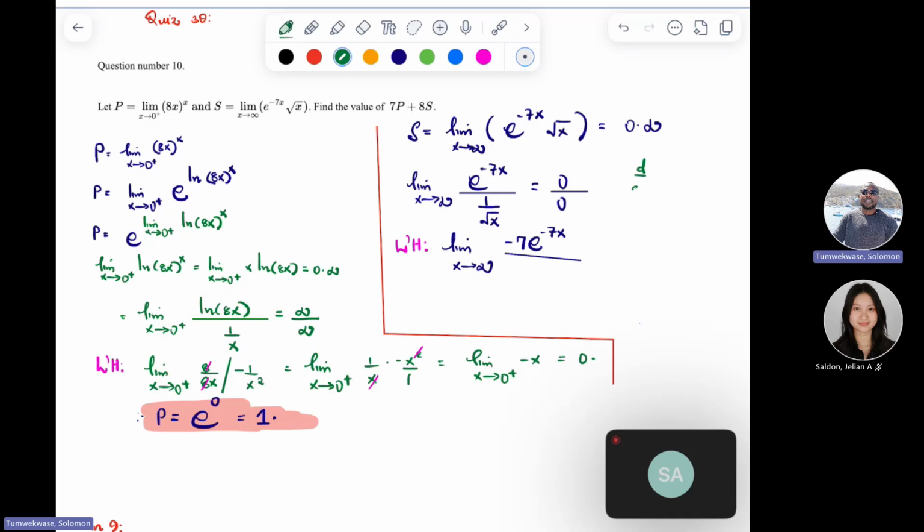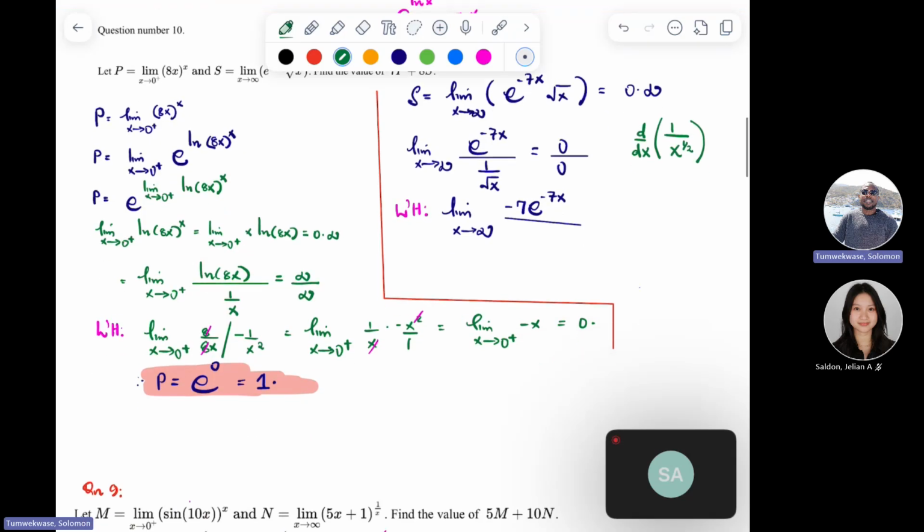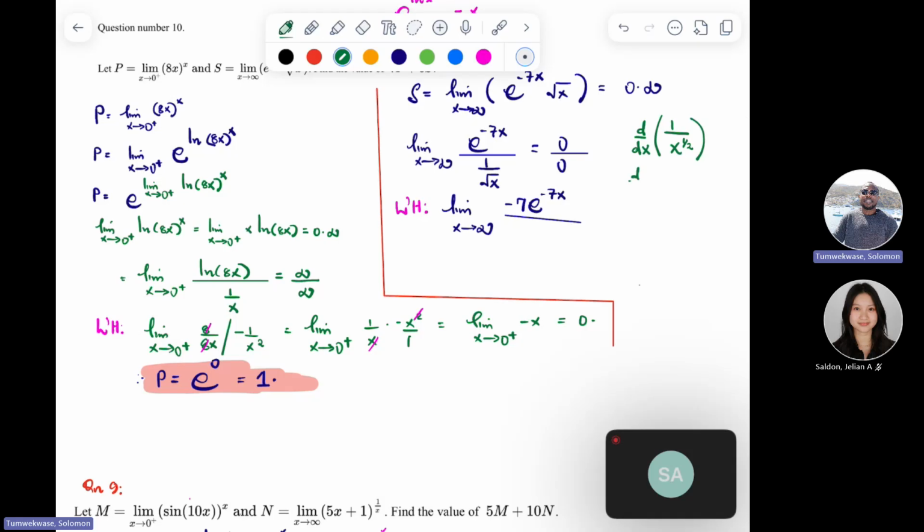So I want to take the derivative of 1 over square root of x, but square root of x I can write as x to the power half. Remember, when I have 1 over x to the power half, I can take x to the power half on top, but it goes as a negative. Is that fine?